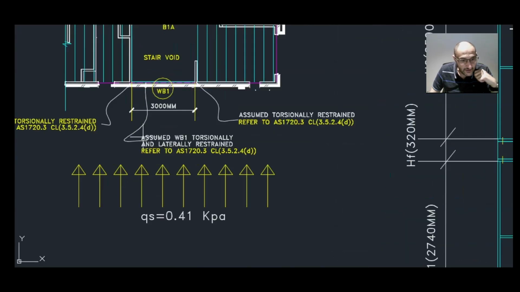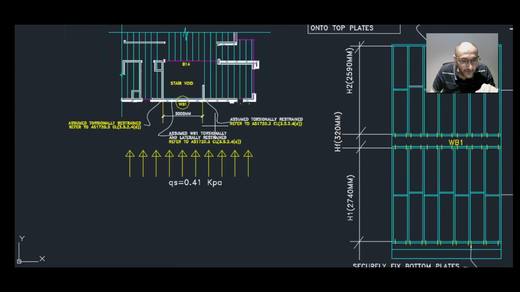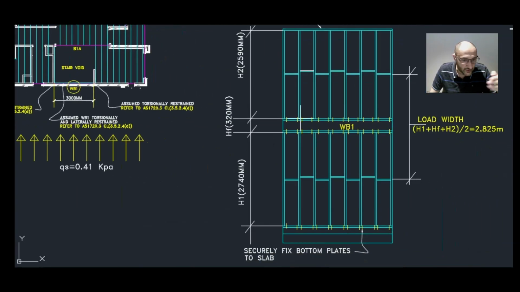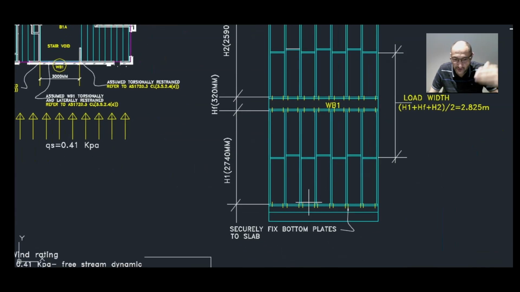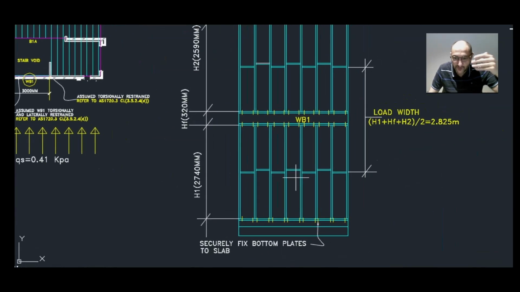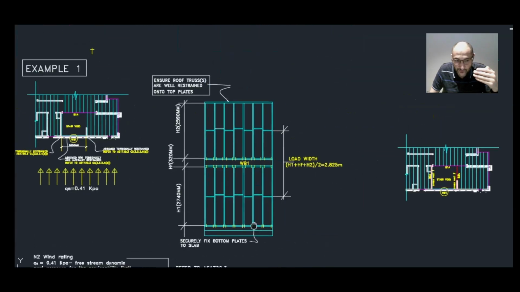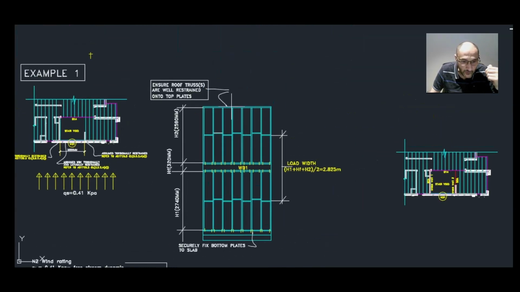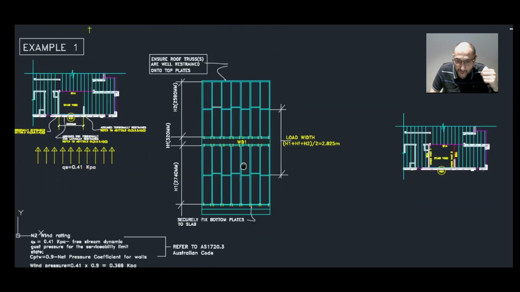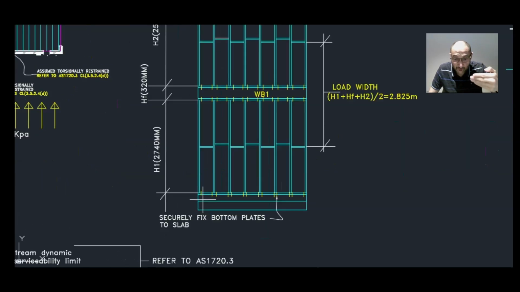The second assumption is that WB1 between the end supports within this area here is also laterally and torsionally restrained. And this is primarily done by ensuring that the wall below and above are well fixed and restrained. So the roof is well fixed above here onto the wall, and at the bottom, the plates at the bottom should be well fixed into the slab.